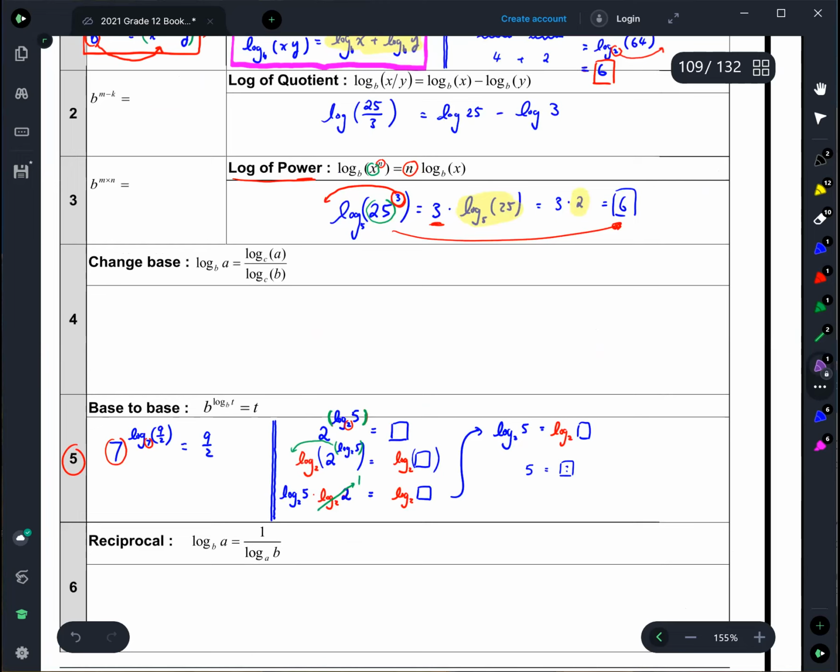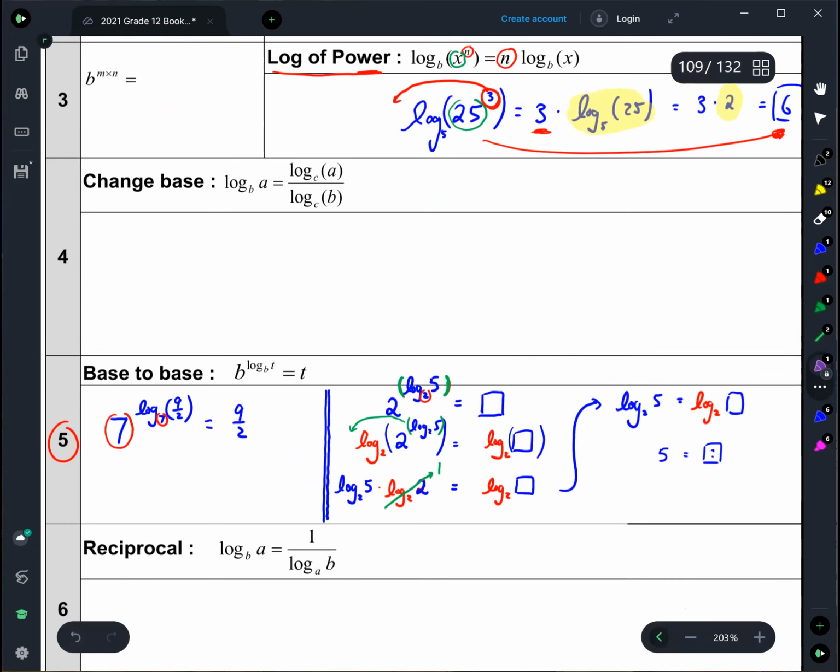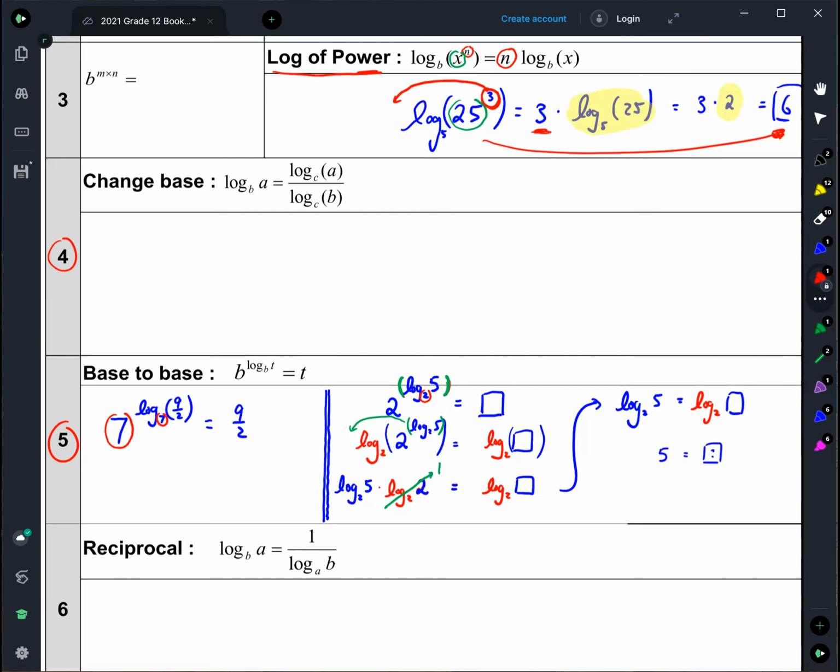So you can see that for each question, right, it can help us to understand when to use the law, right? If you see base to base, then it's number 5, okay? So this one, question number 4 is called the change base. Change base means we can use it to change to any base we like.